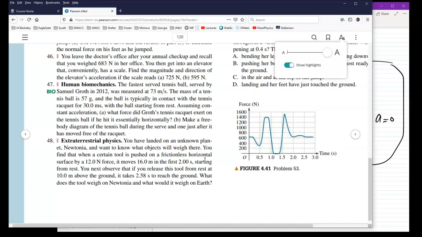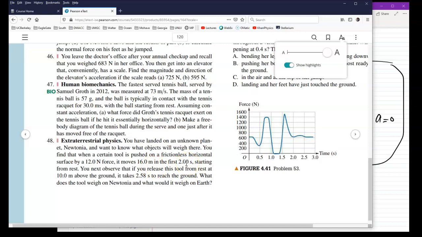So you want to do some experiment to find the value of G. You take a block and a certain tool, push it on a frictionless surface with a force of 12 Newton, and you discover that this block moves a distance of 16 meters in the first 2 seconds.